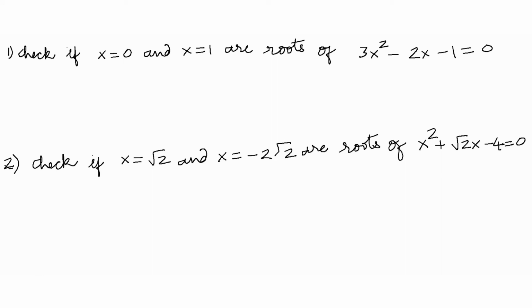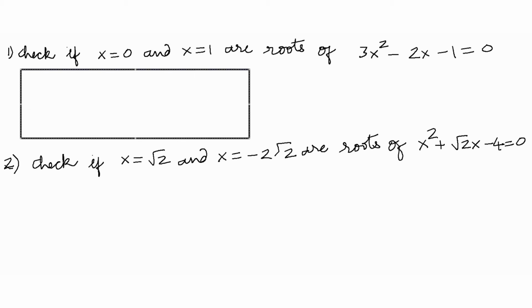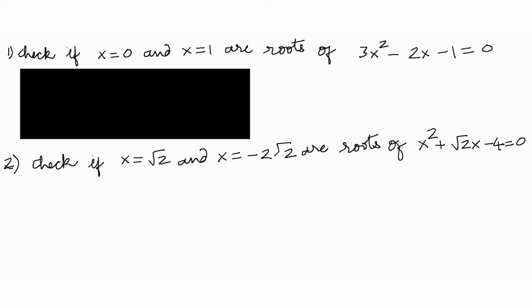The first question says, check if x equals 0 and x equals 1 are roots of this given quadratic equation. So that's going to be simple. The quadratic equation is 3x square minus 2x minus 1 equal to 0.